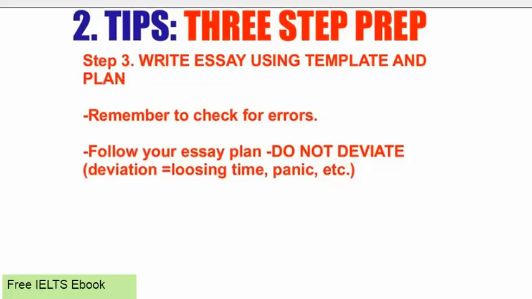Paragraph 2 will also be similar. These are your two body paragraphs where we put the information that we've analyzed in that second step, where we are putting it into the paragraphs and we're going to write about it. It's basically deciding what we are going to write about. Then we write the essay using the template.